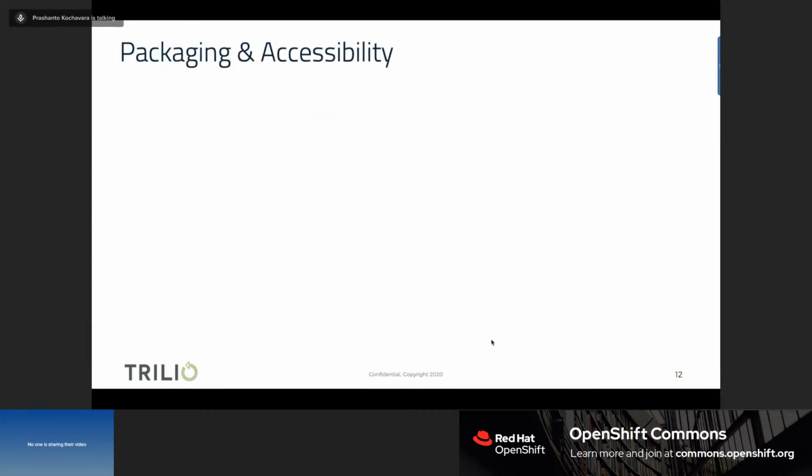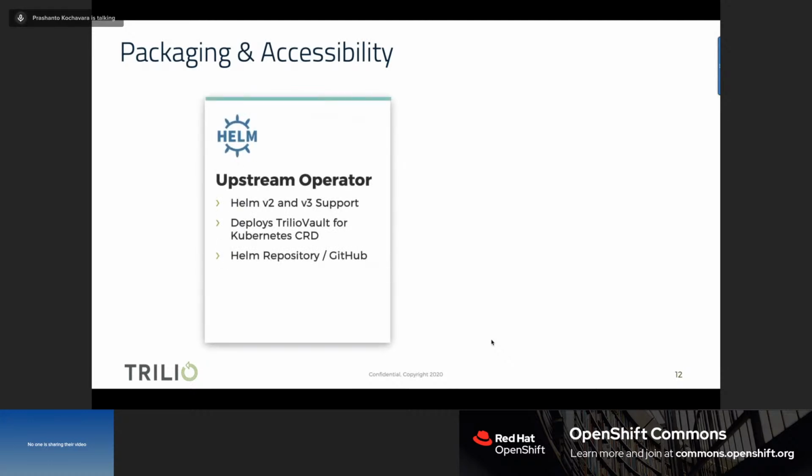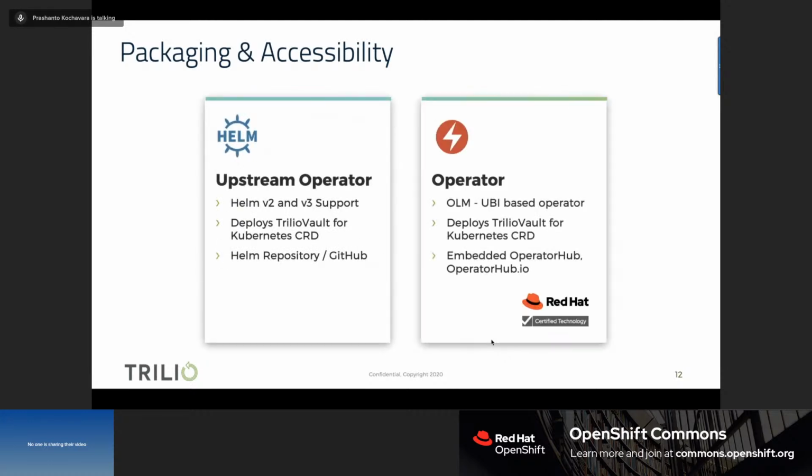Next, I'm going to talk about the packaging and accessibility. We have packaged our product as an operator-based application. Within an upstream environment, you can use Helm version 2 or version 3 to deploy the TrilioVault operator. Then we have a single CRD that will be used to deploy the application and use the application after that.